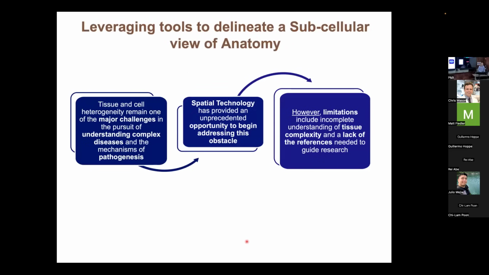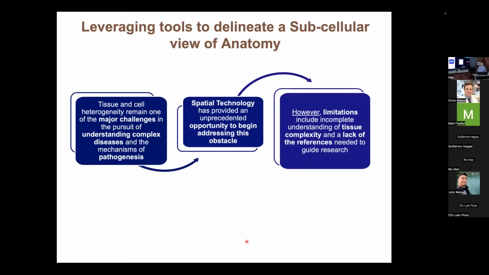So basically, what tools can we actually leverage as a community to really understand what's going on at the cellular and subcellular level, and actually dive into and not avoid these questions as it relates to tissue and cellular homogeneity, heterogeneity.